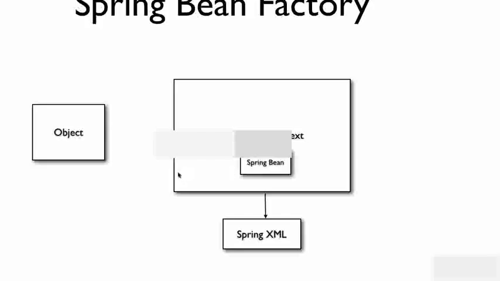So now the object makes a reference to the application context in order to get an instance of the bean. Now the application context refers to the Spring XML, and then it gets the information, gets the blueprint about the object, and then it creates the bean, and then it hands it over. So this is what we saw.